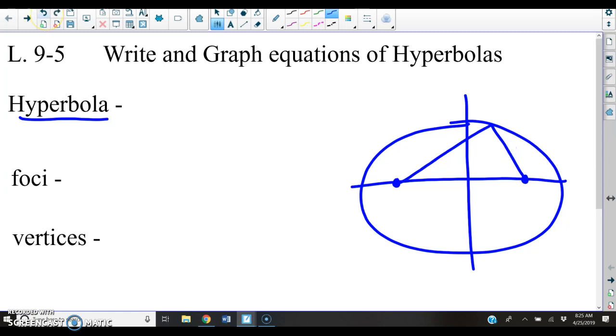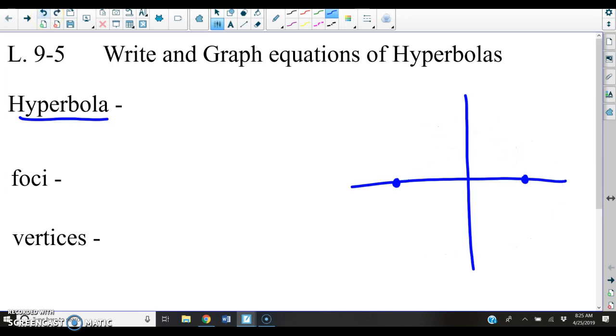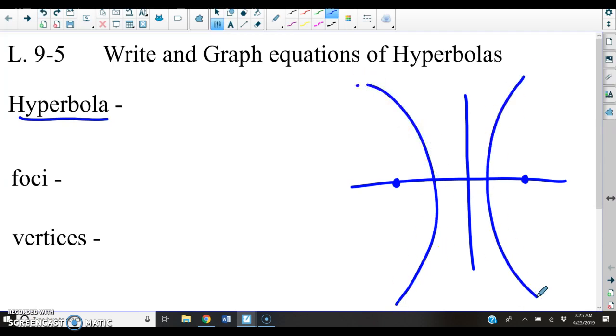For hyperbolas, it's a constant difference. Okay, now I'm not guaranteeing this is great, but this distance minus this is a constant.